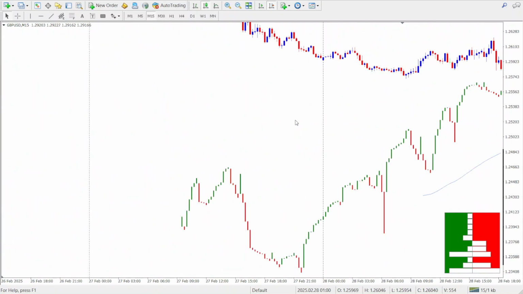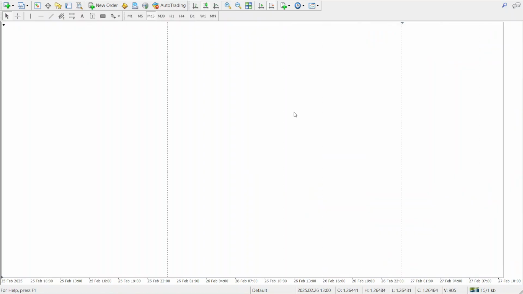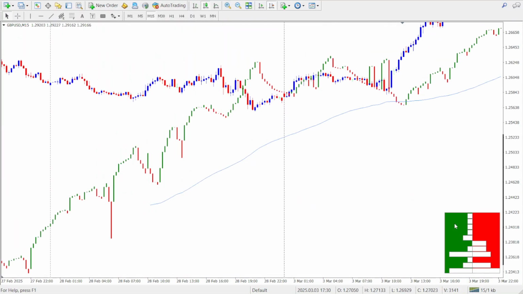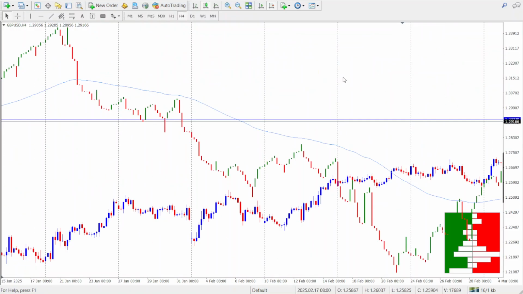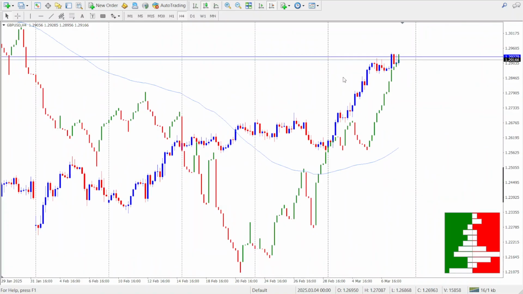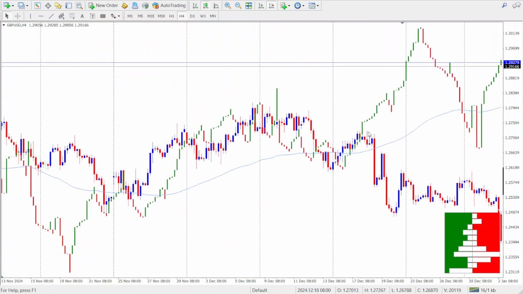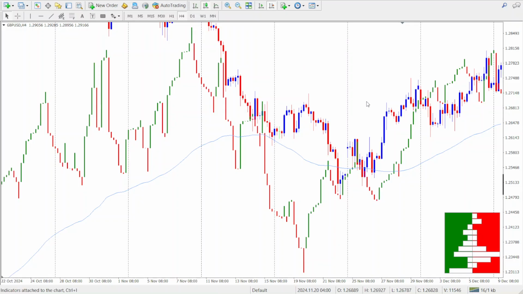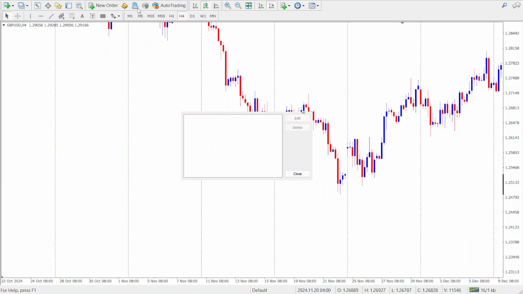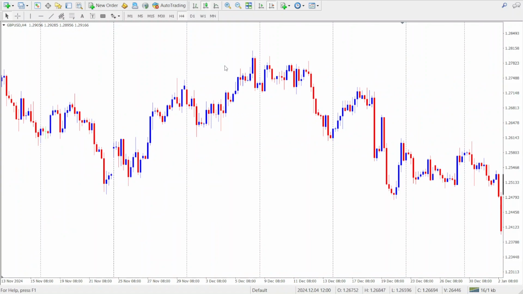In a typical candlestick chart, you might see a lot of false breakouts and confusing patterns, but with line break charts, only the strong price movements get through.